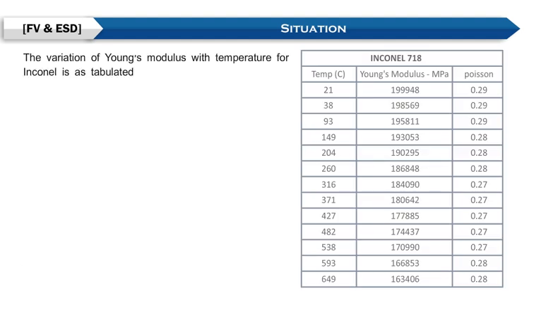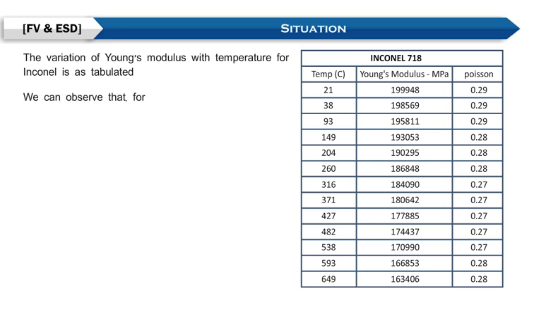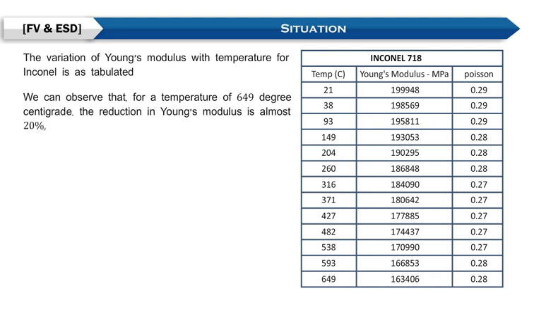The variation of Young's modulus with temperature for Inconel is as tabulated. We can observe that for a temperature of 649 degrees centigrade, the reduction in Young's modulus is almost 20%, which in turn reduces the natural frequency by 10.5%.